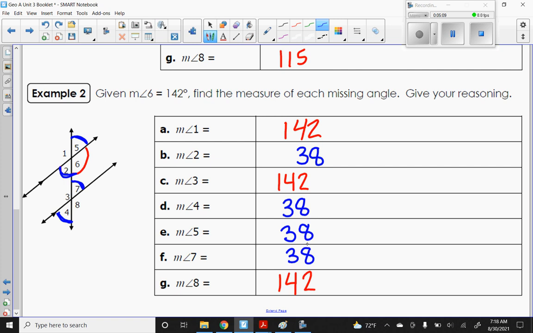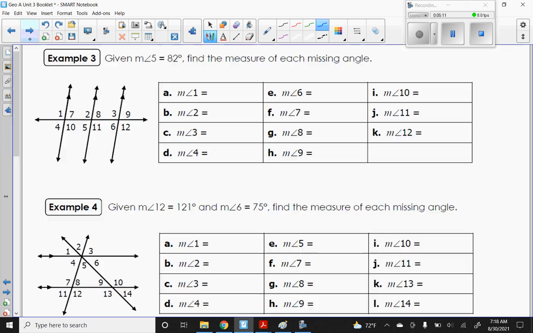All right, so let's look at some more challenging pictures. In example 3 here, you just have one more parallel line added. So if they give us angle 5, watch all these blue marks that are congruent to it. Angle 4 is corresponding and congruent to it.